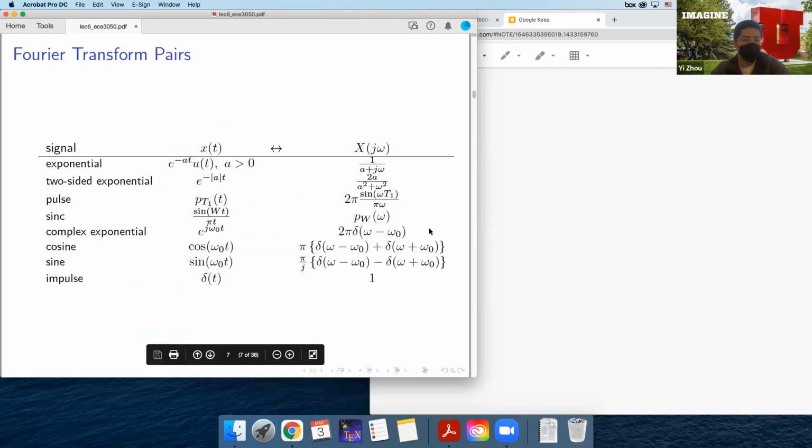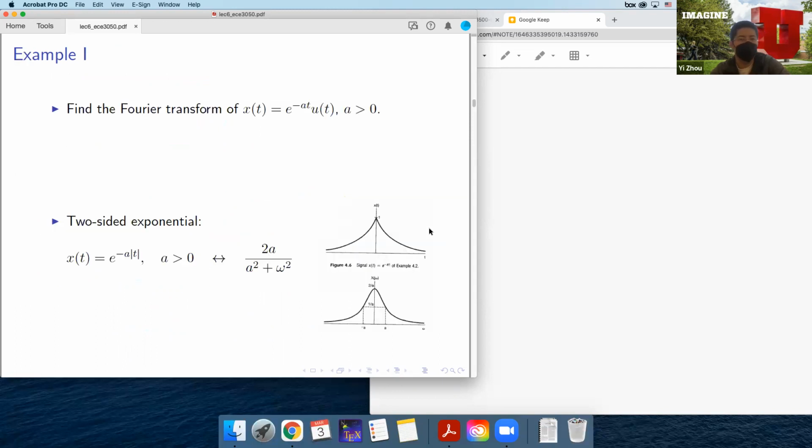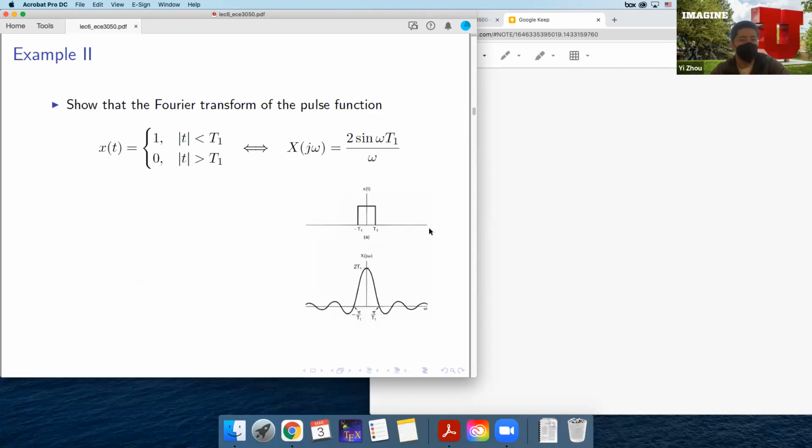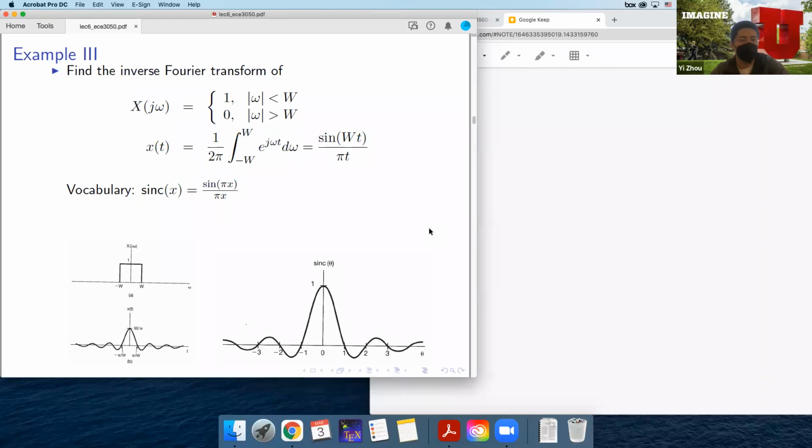And then these are the list of pairs of Fourier transforms. We have proved some of them in the last lecture. The idea is to follow the definition of the Fourier transform and do the calculations. And these are the examples we discussed last time.